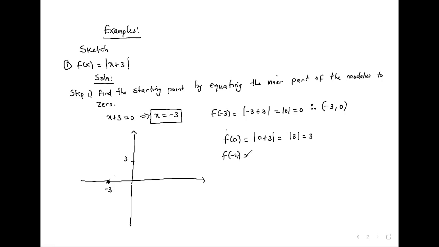I will have -4 plus 3, which is equal to -1, which is +1 as it comes out of the modulus. So when we use -4, we're still getting a number above. This means that we'll have this line, and another one will go up, since we only have two shapes that we expect. This is how the function comes out.